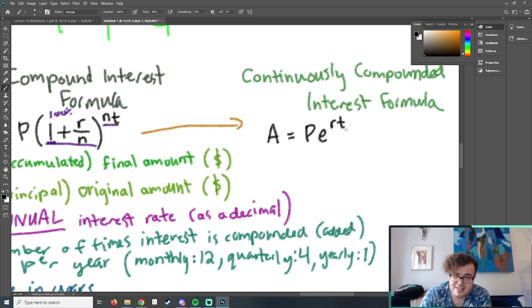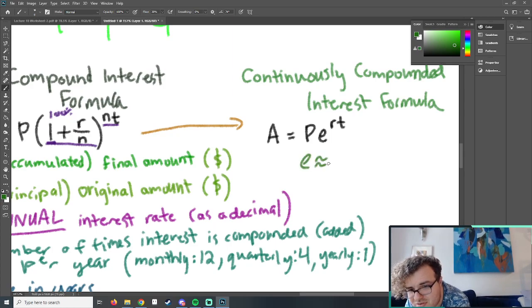Again, the only thing in this formula that isn't in the original is called E, which is a number that is approximately equal to 2.71. There is a button for it on most calculators. You should be able to find it if you look. Sometimes if you do second pi, it'll give you E, because pi and E are two really important irrational numbers, so they often get lumped together. Just like pi is approximately 3.14, but it's not actually that.